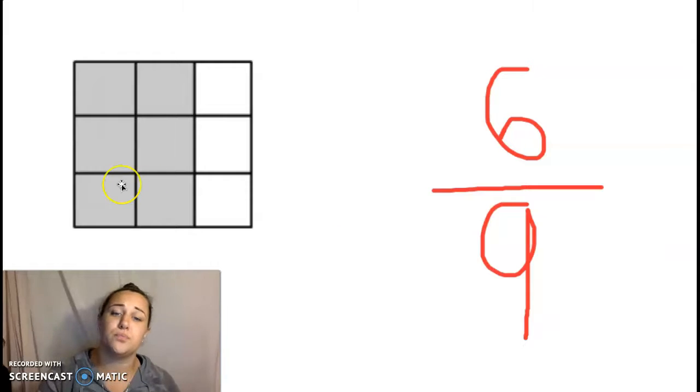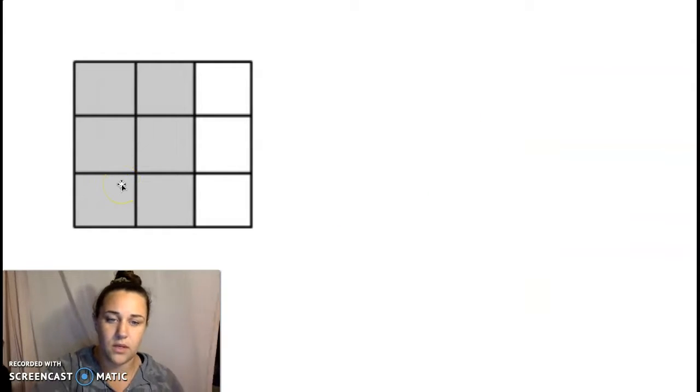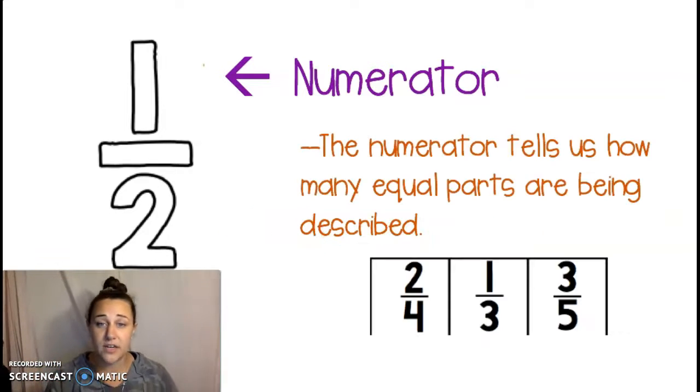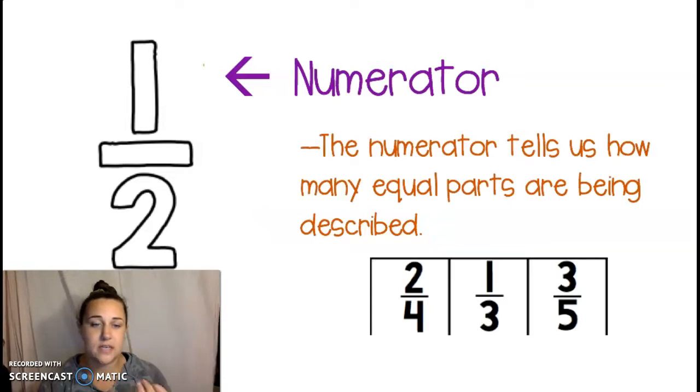Okay, so let's just review briefly before we leave. Our numerator is on top, our denominator is down under. Our numerator tells us how many equal parts are being described, whether it's eaten, the shaded parts, the missing parts, whatever the case may be.